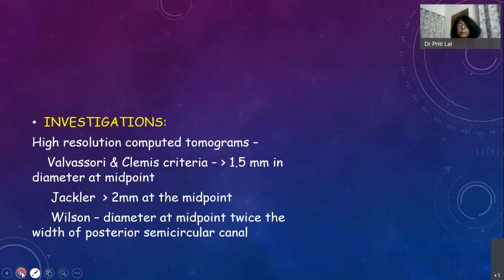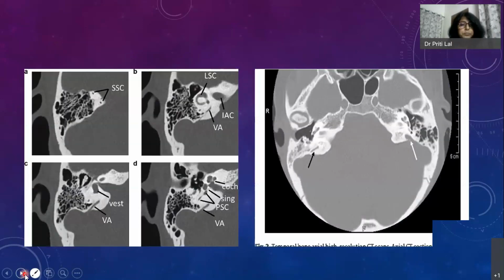To diagnose these enlarged vestibular aqueducts, the diagnosis is essentially made with high-resolution computed tomograms. In this picture, this is a high-resolution computed tomogram of the petrous temporal showing the normal vestibular aqueduct, which lies in a plane parallel to the posterior semicircular canal at the level of the internal auditory canal.